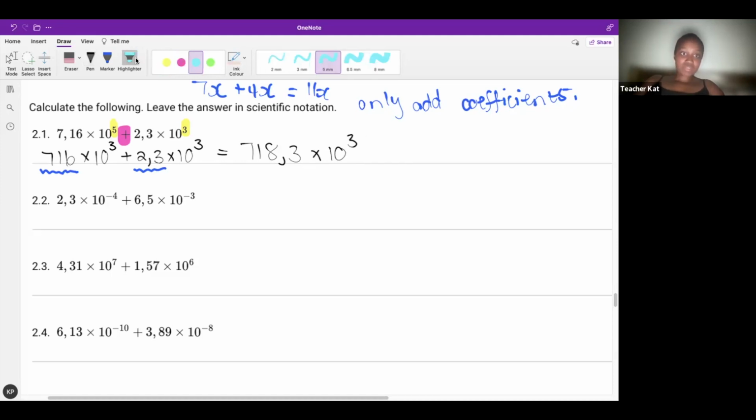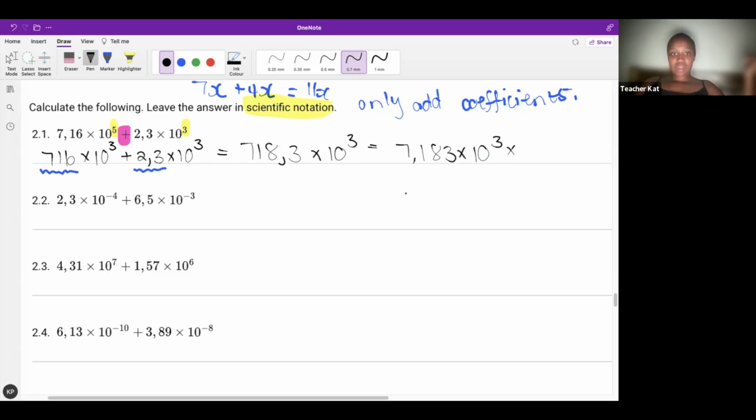Now we have a very specific instruction here. Leave the answer in scientific notation. Is this in scientific notation? No. Where do I want my comma? After the 7. So I want it to be 7,183. I already have a 10 to the power of 3. Now, where did we move the comma, left or right?